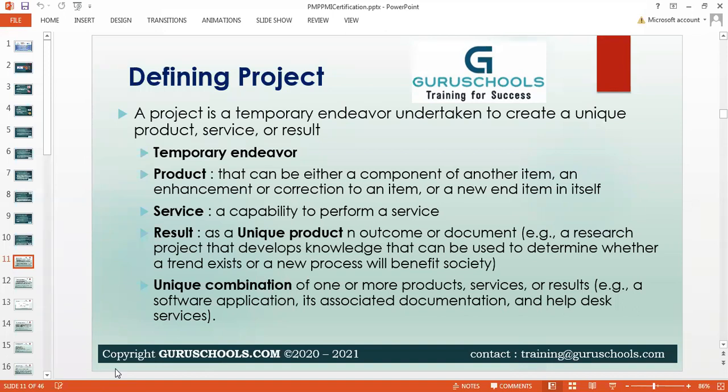Richaji, do you want to say something? Yes. Can I give you a live example of a project? Please. A live example of a project would be that you are planning to go out on a holiday. That is a project for you. What will you do?